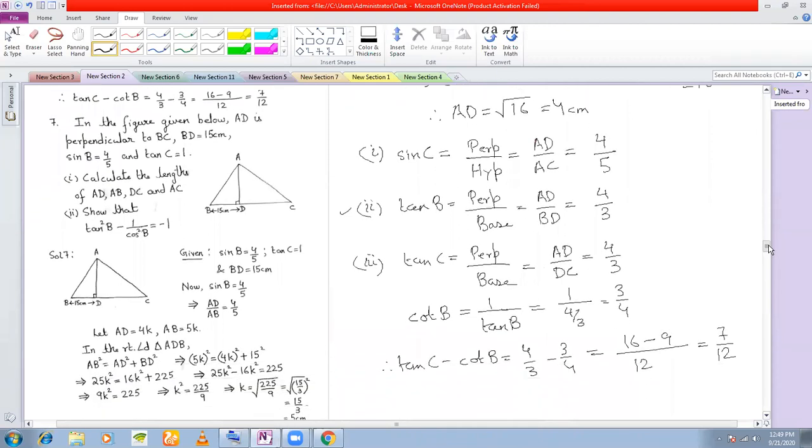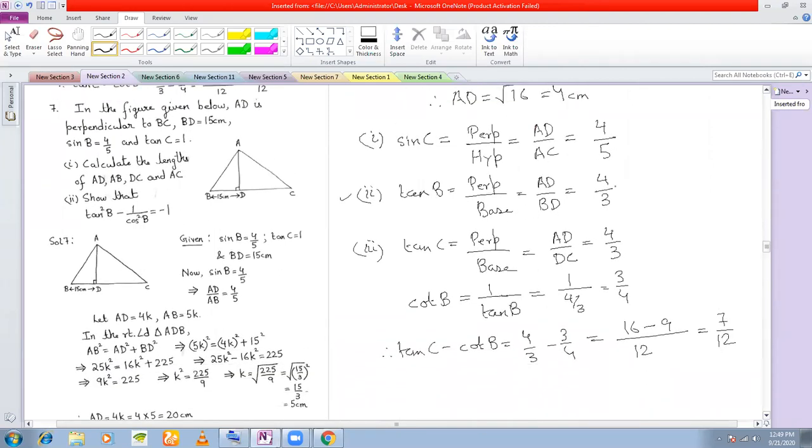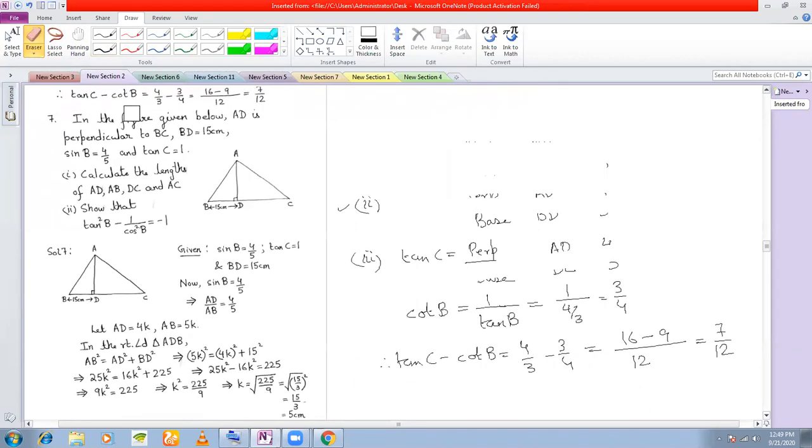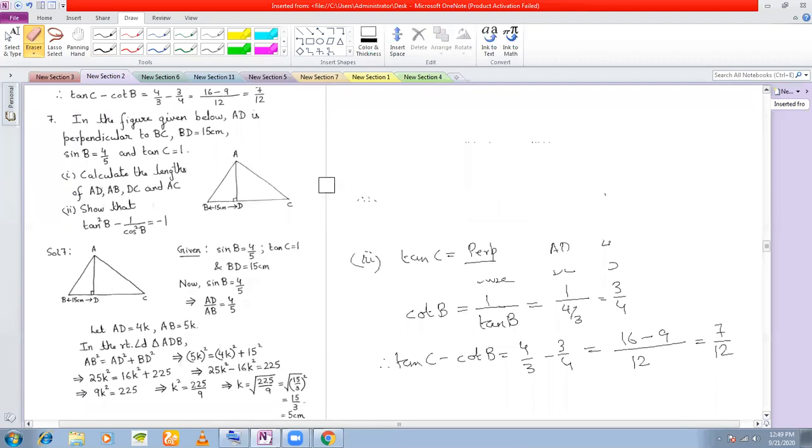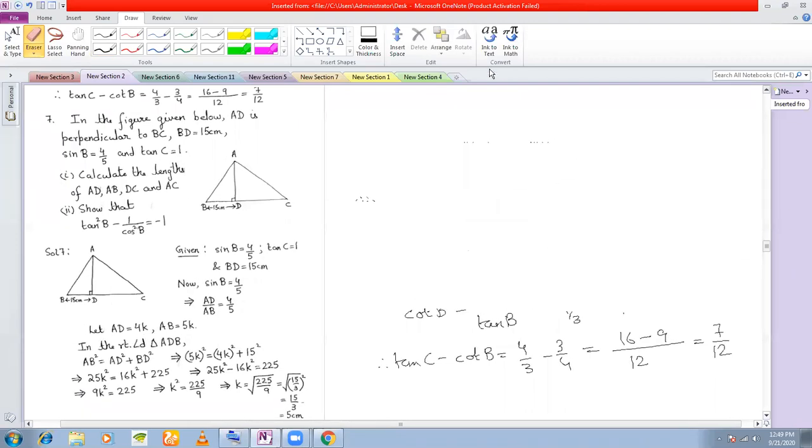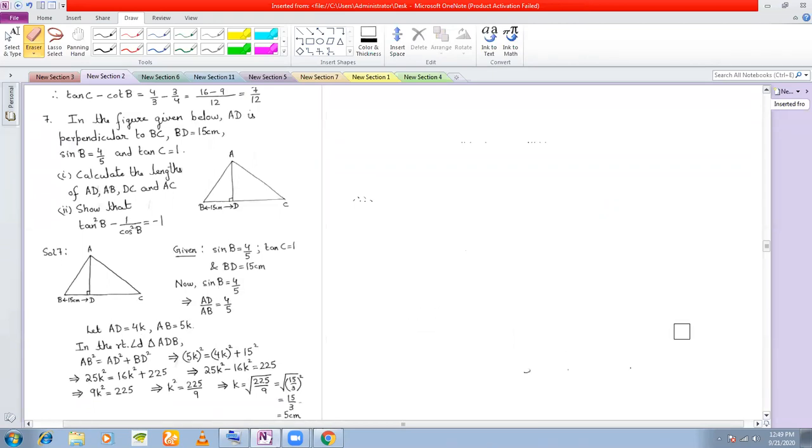Number 7. The question here is, in the figure given below, AD is perpendicular to BC. Now, very important question, this one. There are lots of things to learn from this question.